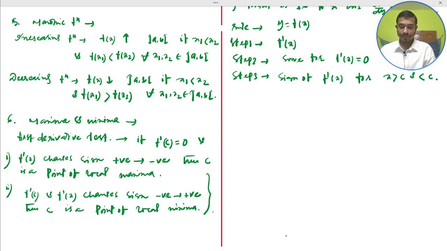Now we already discussed that if f dash x changes sign from positive to negative as x increases through c, then c is a point of maxima.